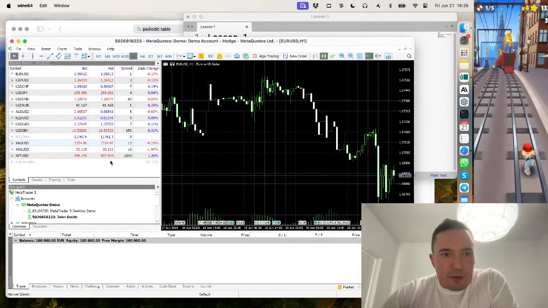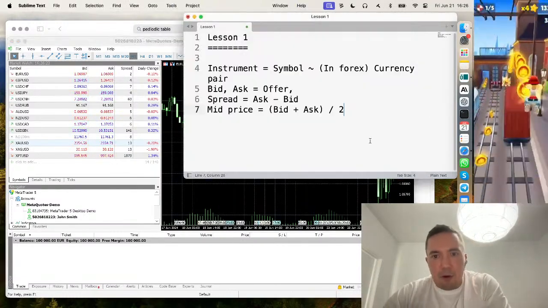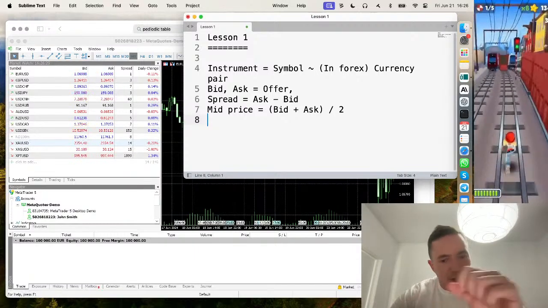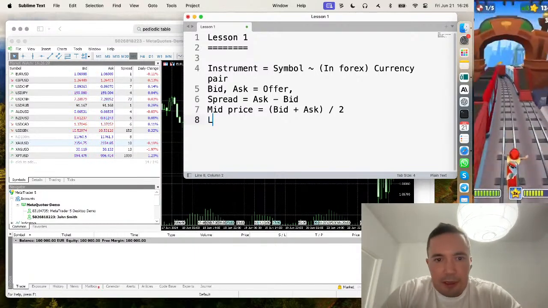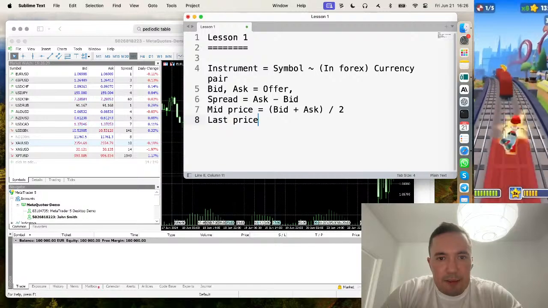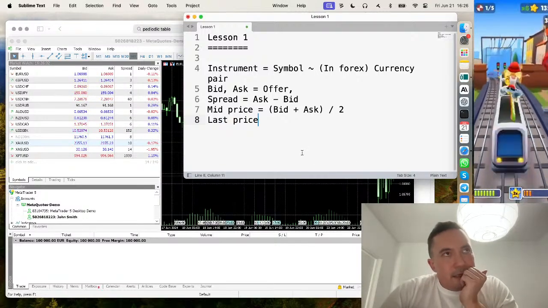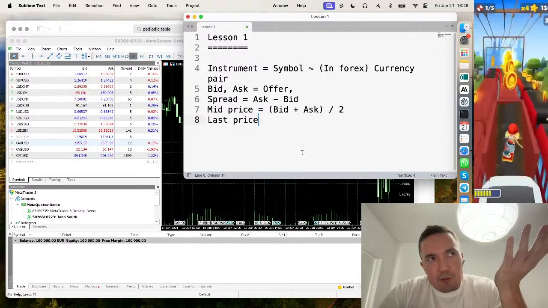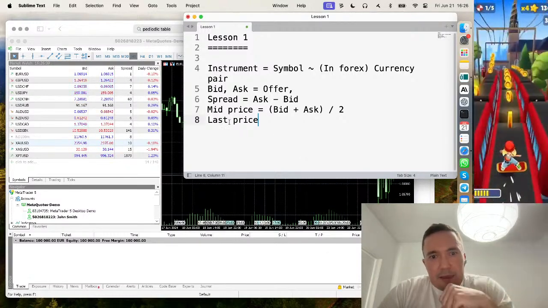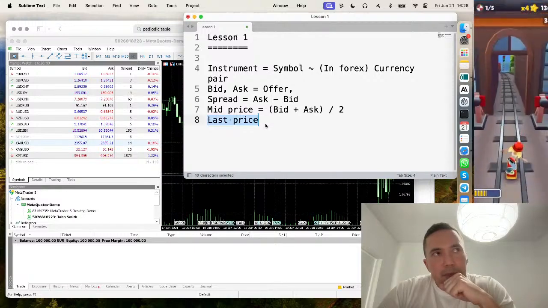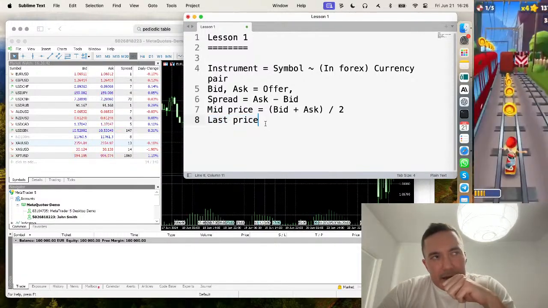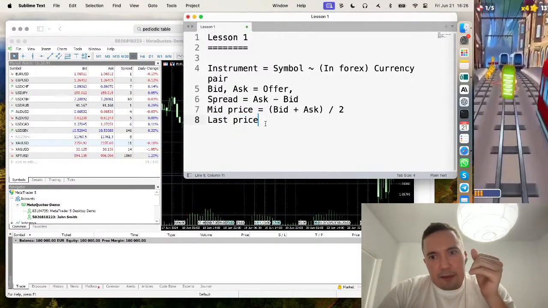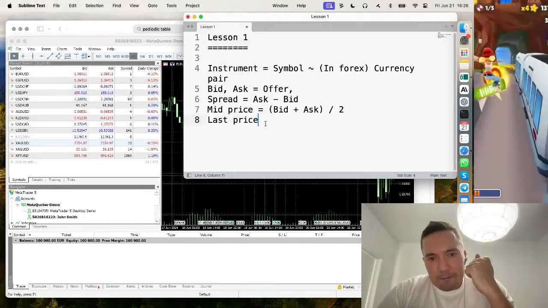Okay, so we mentioned mid price. Also, an important indication that is sometimes used is called the last price. It's also another way to express how much is the price of something. It is the price that somebody made a trade, the last trade so far.